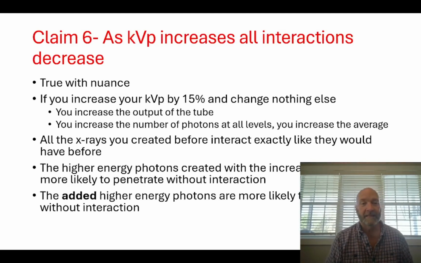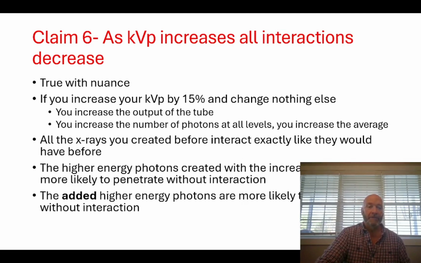So claim 6, as kVp increases, all interactions decrease, and that is true. All interactions do decrease, but you need to understand the specifics and the full story of how that happens and what the net result is. So even though all interactions decrease, what's emitted from the patient doesn't necessarily reflect that.